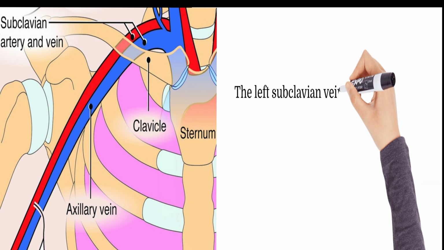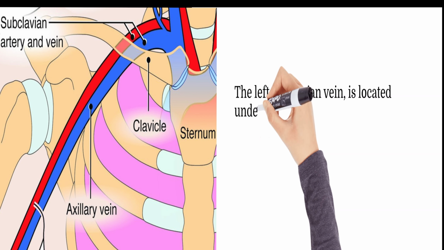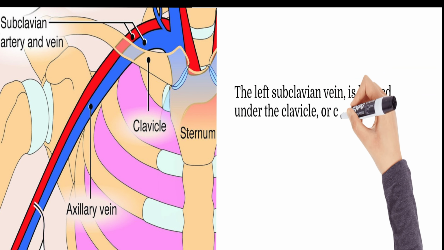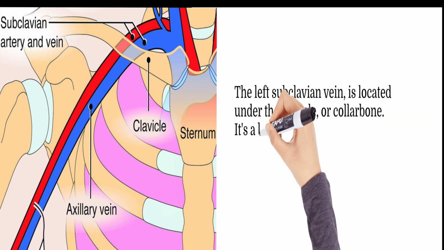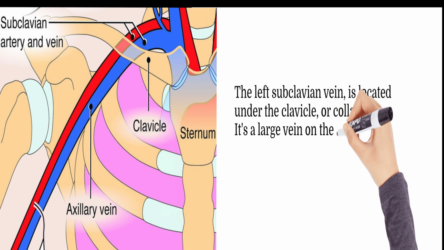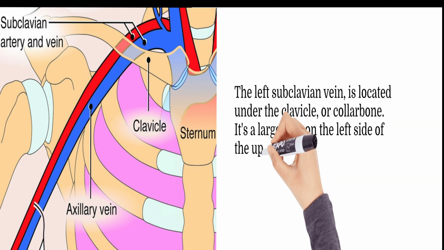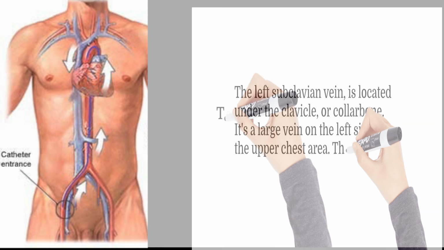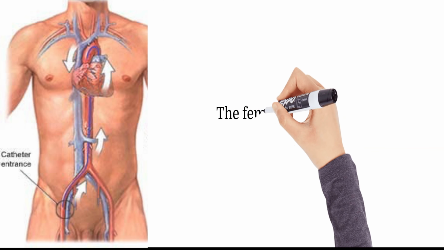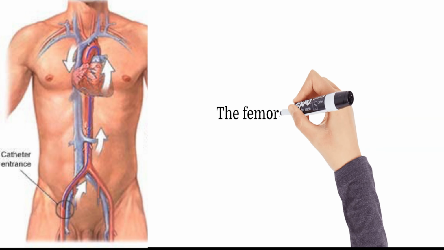The left subclavian vein is located under the clavicle or collarbone. It's a large vein on the left side of the upper chest area. The femoral veins are located in the groin.